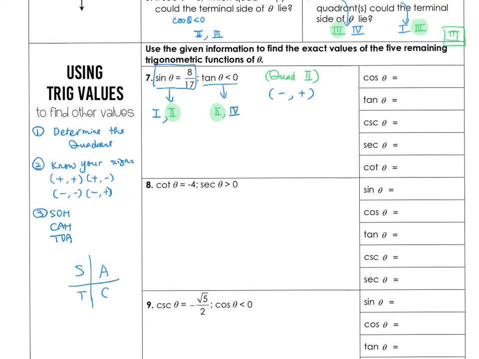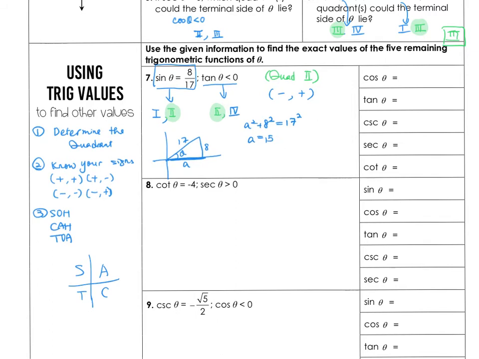So now I can go ahead, and if I know I have sine being 8 over 17, sine is opposite, so if this is my theta, this is 8, this would be 17, right? And if I call this a, I should be able to use the Pythagorean Theorem. A squared plus 8 squared equals 17 squared. So if you solve that, that will give you 15, I think. Check my math.